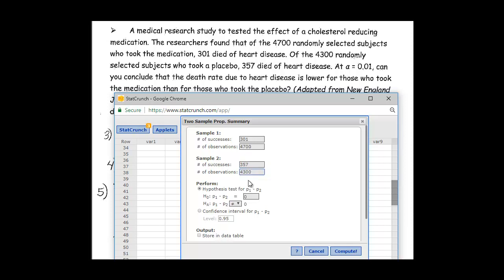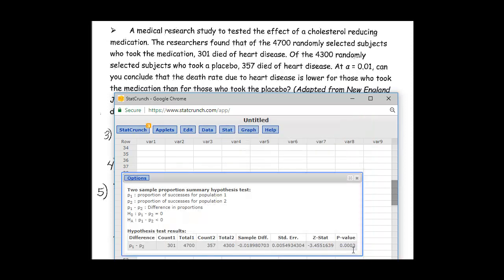Okay, so our hypothesis test is automatically defaulted. We have the difference is 0, but this time we're going to say that the first one is less than. That's what we're testing, to see if the first sample proportion, those who took the medication, if that ratio of those who died of heart disease is less than those who didn't. That's why we're doing the less than.